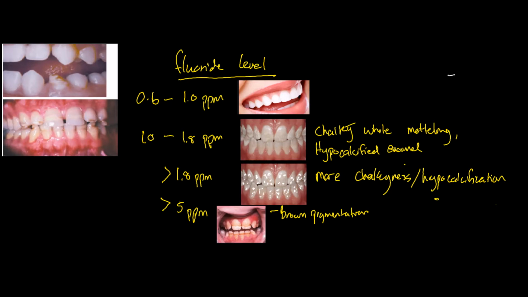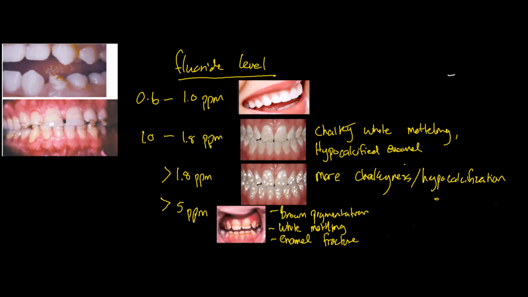And when you're greater than 5 parts per million, you start to see more of a brown pigmentation, white mottling, and these are more severe cases and affecting a larger amount of the teeth.